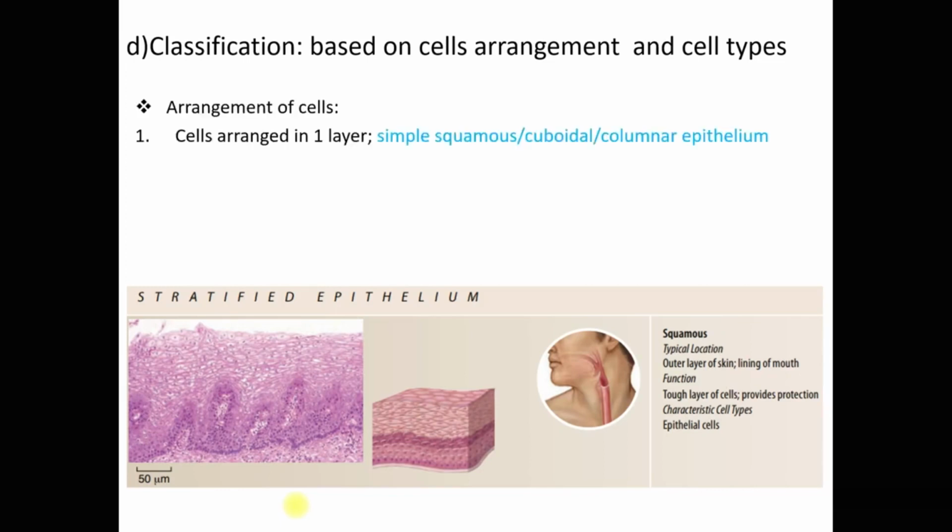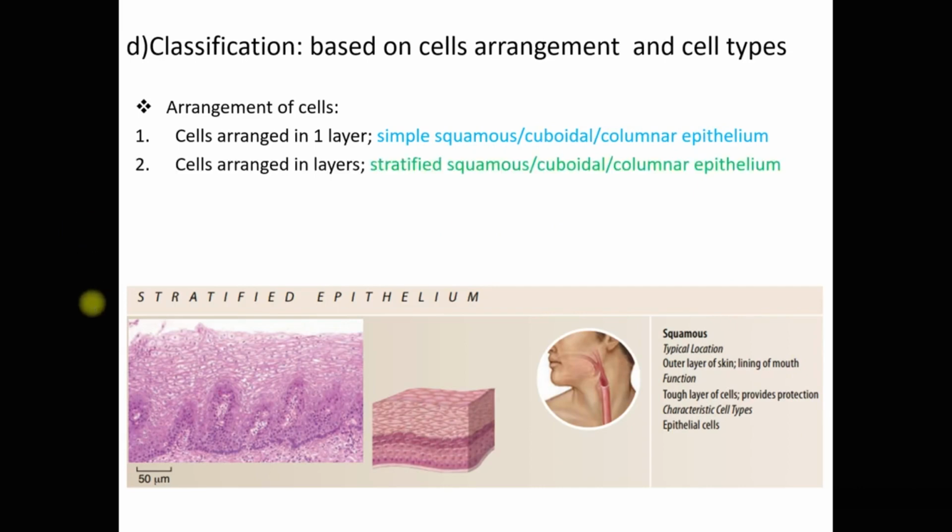Now, when it comes to arrangement of cells, if the covering epithelial cells are arranged in one layer, they are known as either simple squamous epithelium, simple cuboidal epithelium, or simple columnar epithelium, like what I mentioned earlier.